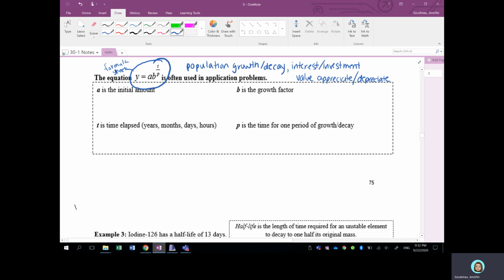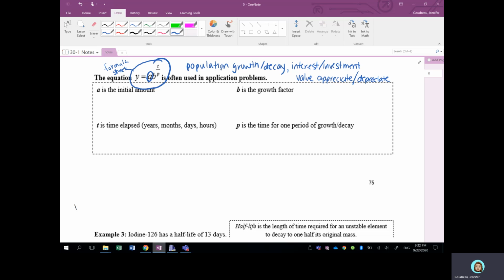Let's talk first about what those letters represent. Starting with A. So A, which is our coefficient here in front of the B, actually represents the initial amount. So if we're talking about the population of, let's say, a city, the population initially is our A value.